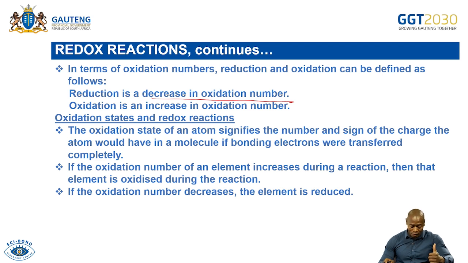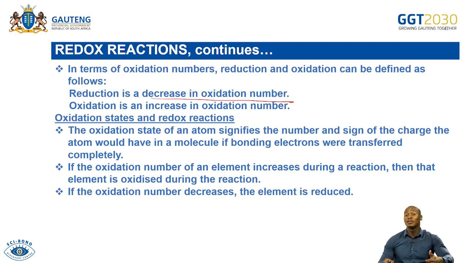So now what is important here? If there's an increase in oxidation number for that atom, so the oxidation number of an atom increases, it means that that atom is being oxidized. It loses electrons. Let me repeat. If there's an increase in oxidation number of that atom, it means that the atom is being oxidized.